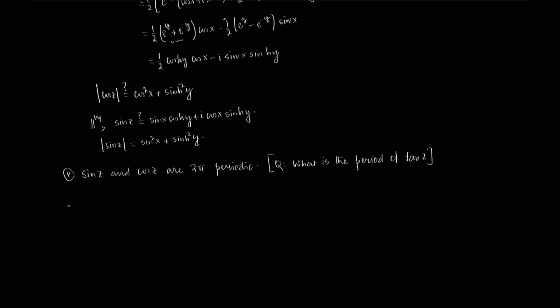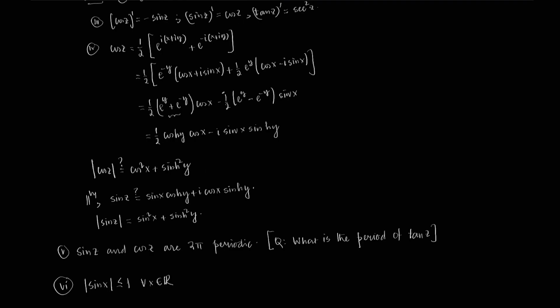Now, a very important property is this. In the real case, we know that mod sine x is always less than or equal to 1 for all x in R. So does a similar definition work here? Let's see.